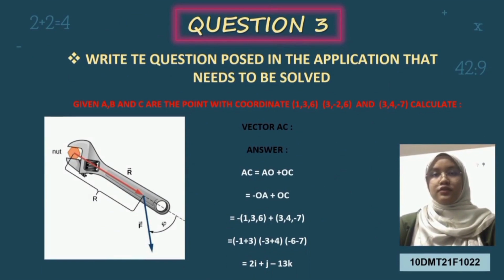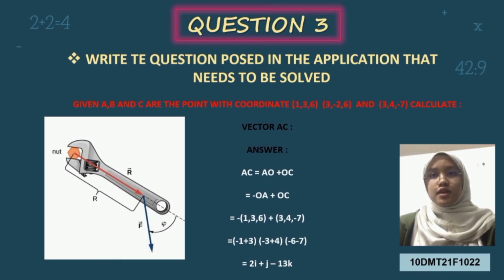Question 3. Write the question posed in the application that needs to be solved. Given A, B, and C are the points with coordinates (1, 3, 6), (3, -2, 6), and (3, 4, -7). Calculate vector AC.